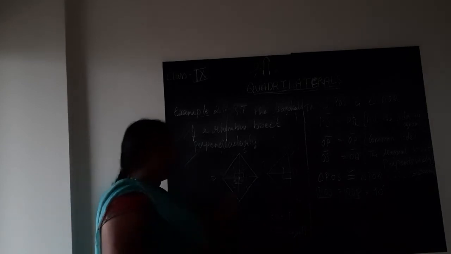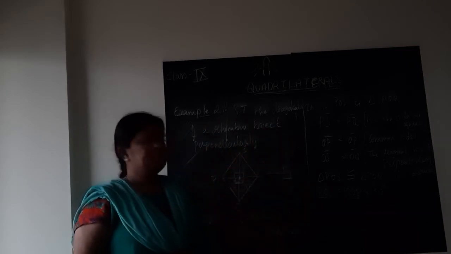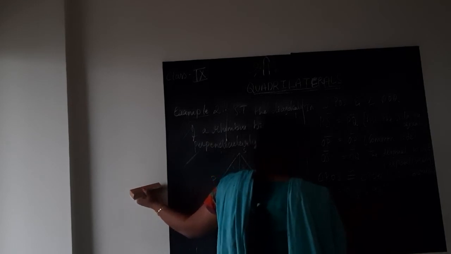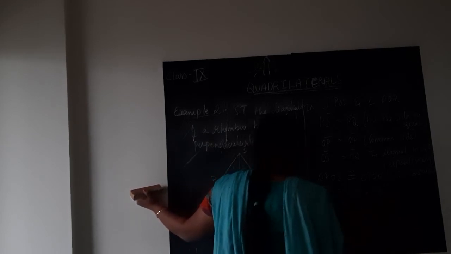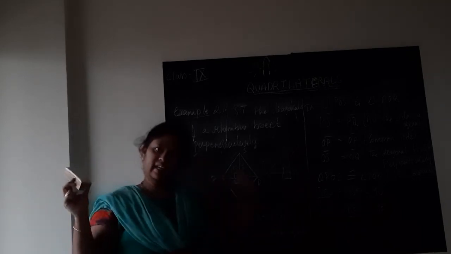Similarly, if you consider this other half of the rhombus, that is these two triangles 2 and 4, and apply the same steps, you arrive at the same point and again prove that angle ROS and angle ROQ are again 90 degrees. Hence we proved angle O is 90 degrees.